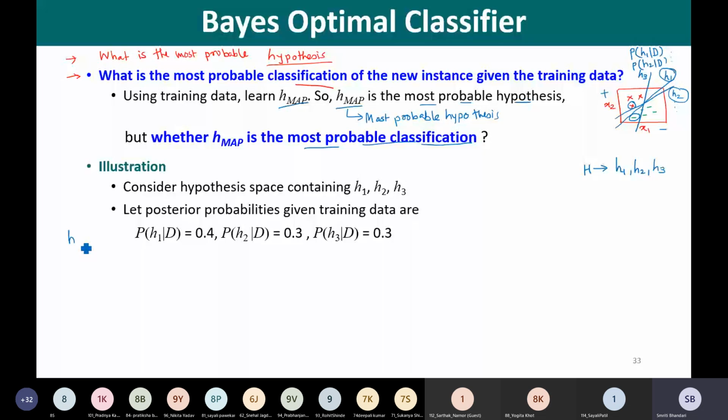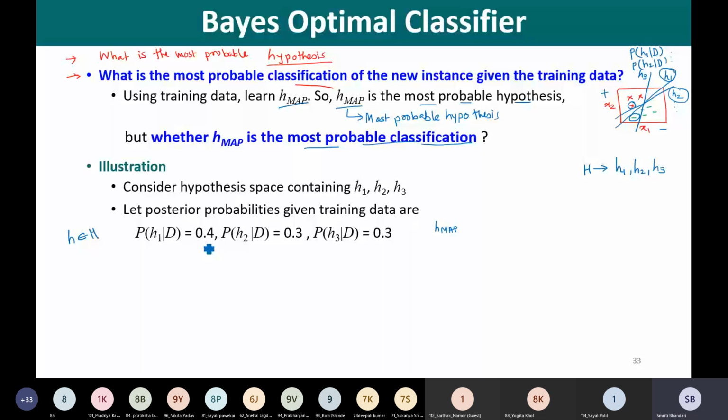We are going to pick the hypothesis that is giving us the maximum probability. Do you agree with me? Yes? What we have are the probabilities of all the hypotheses given data D.